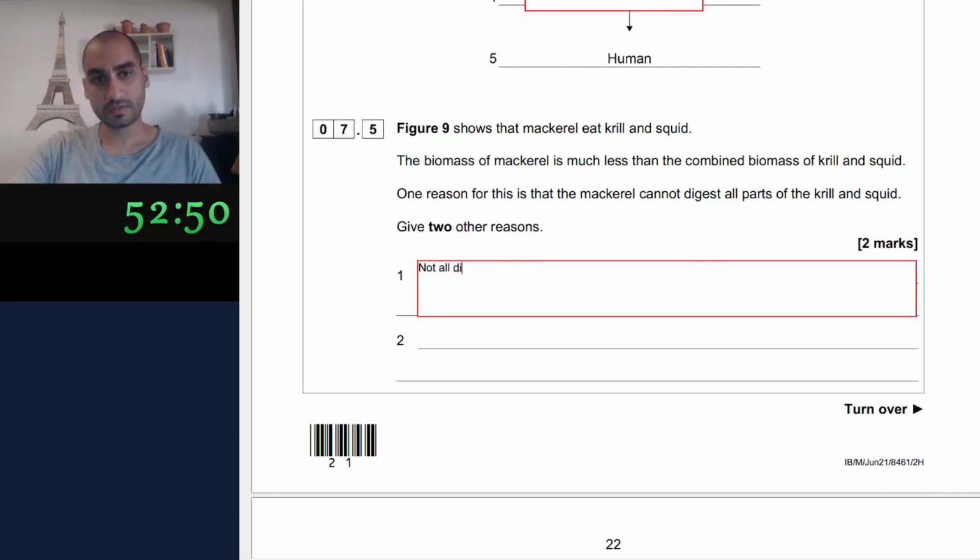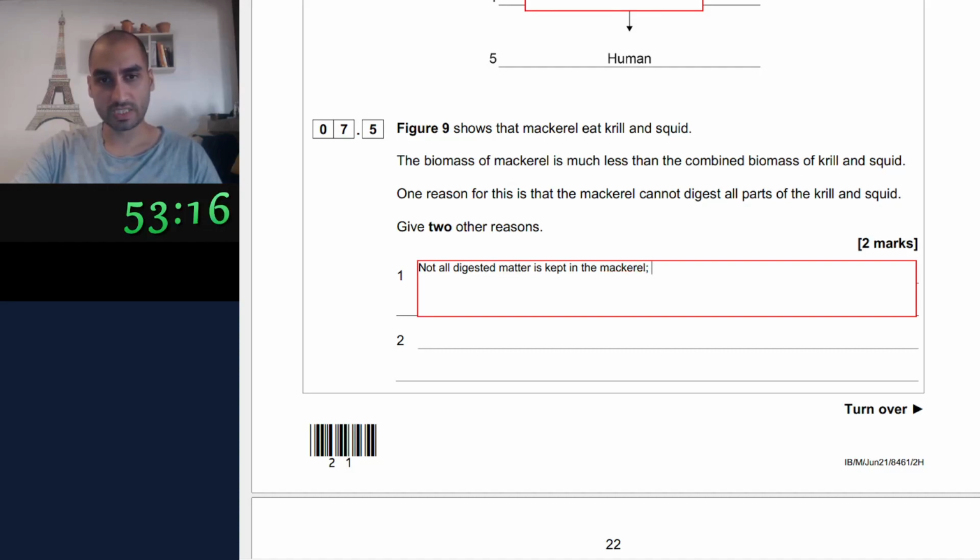Not all digested matter is used by the digestive system, but is kept in the... macro, because that's why you defecate, right?